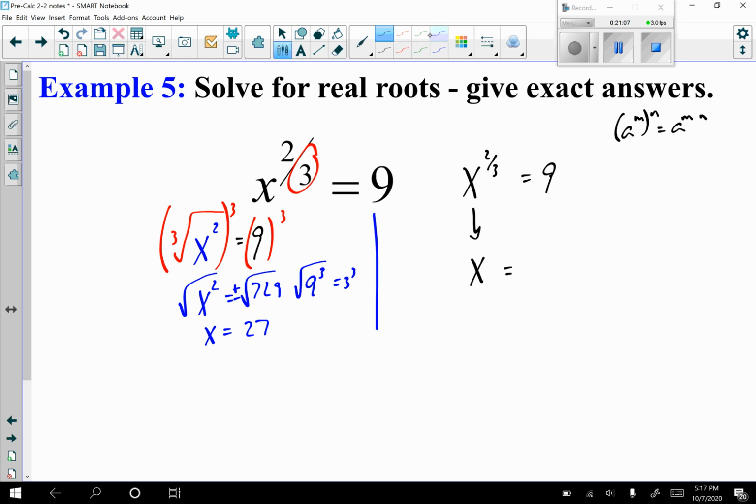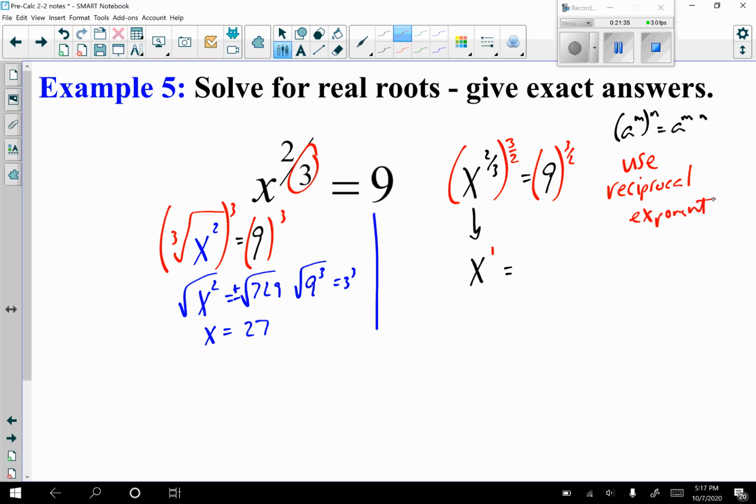What if I could find a power that we could put up here and multiply, and we end up with 1? You know a definition of that. Numbers that multiply to be 1 are reciprocals. 2/3 times 3/2 is 1. So we just have to apply that to each side. So the whole idea here is we're going to use the reciprocal exponent.